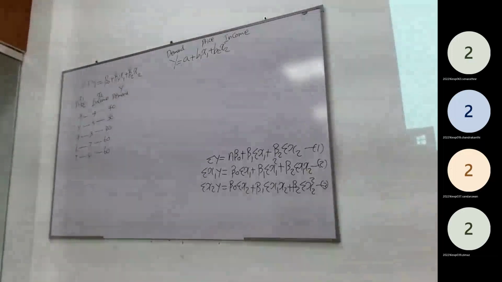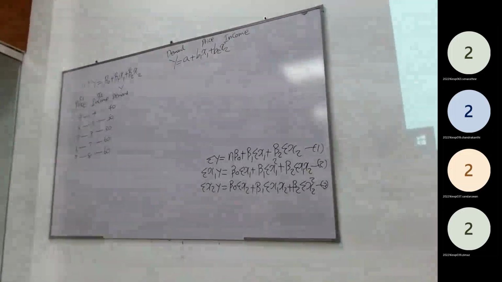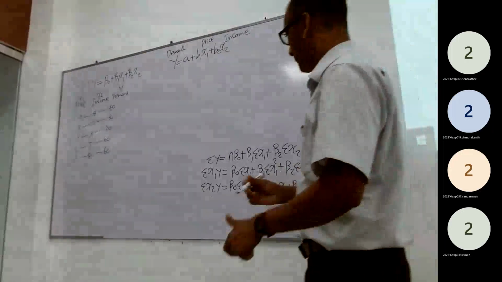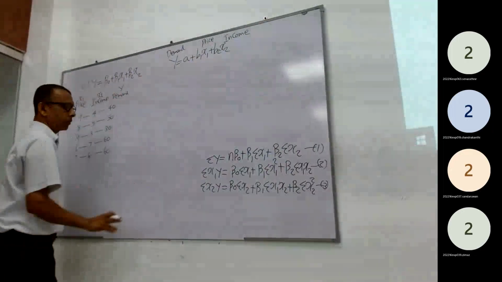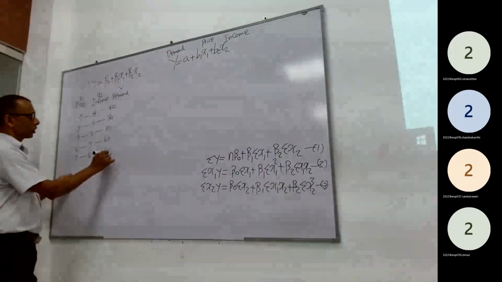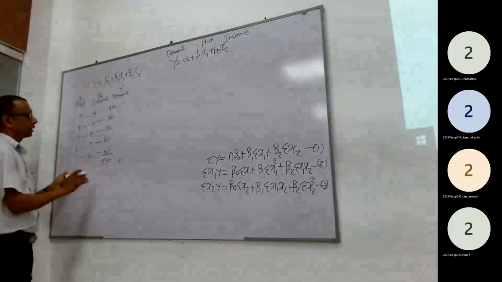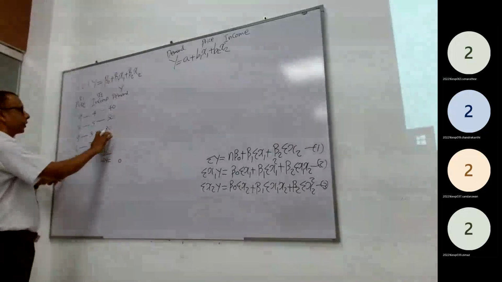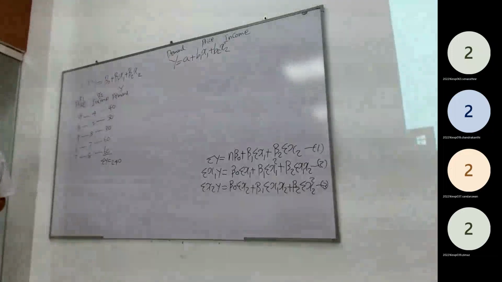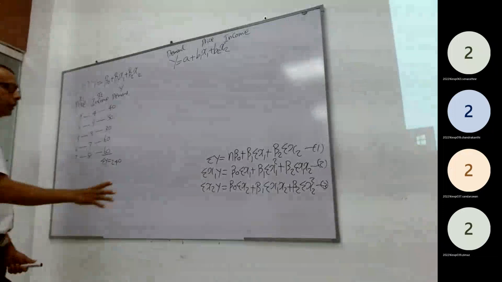Right, we developed the simultaneous equations before the break. First one, sigma y, the summation of this column: 12, 15, 20, 24, total 240.